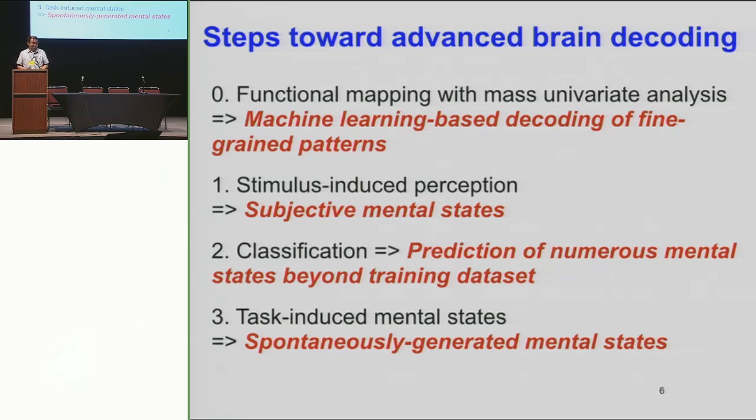Another step is from stimulus-induced perception to prediction of subjective mental states. Another step is from classification into just a few classes to prediction of numerous mental states beyond the training data set. The final step is from task-induced mental states to more spontaneously generated mental states.